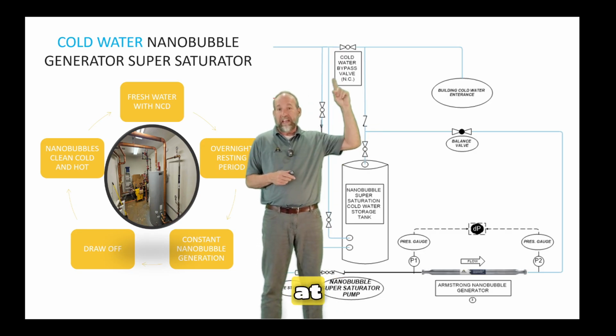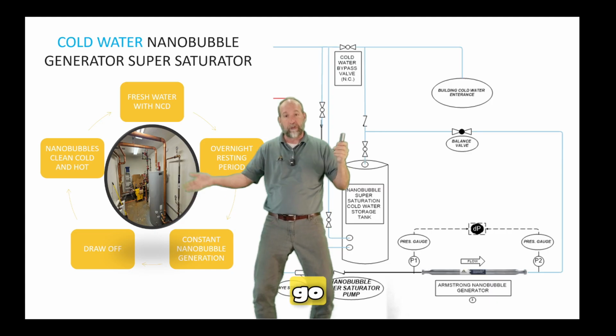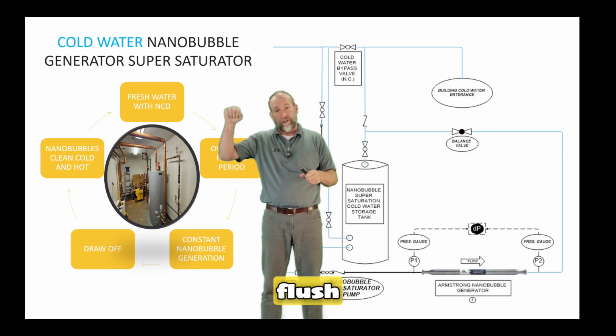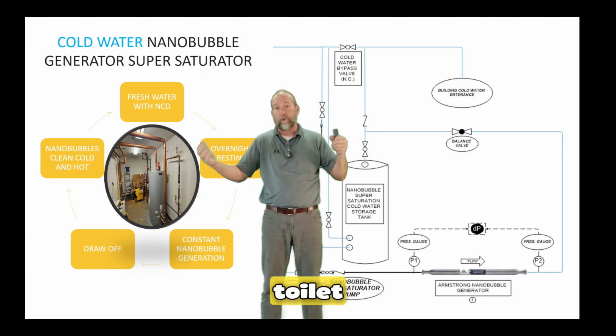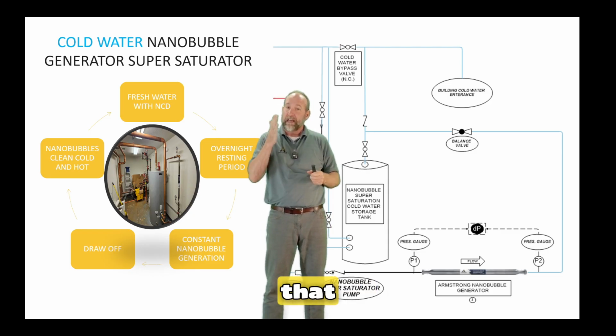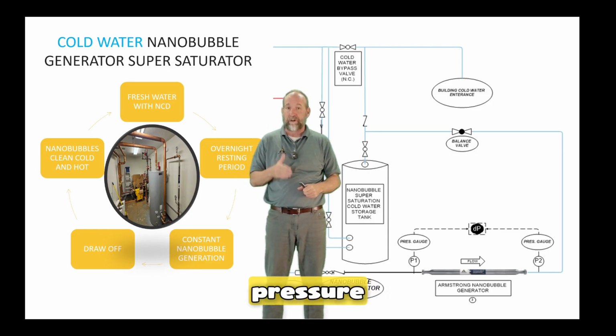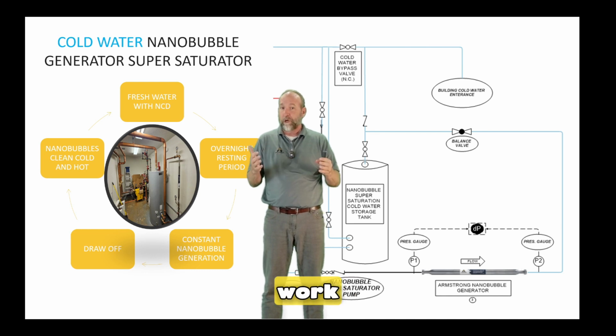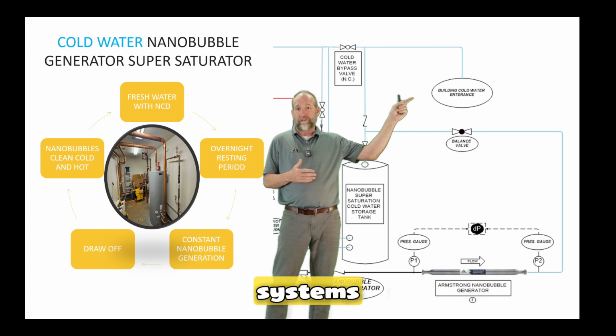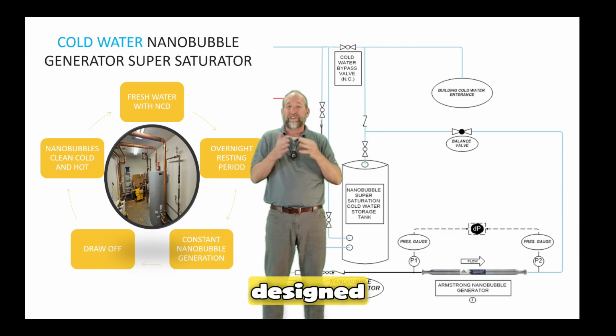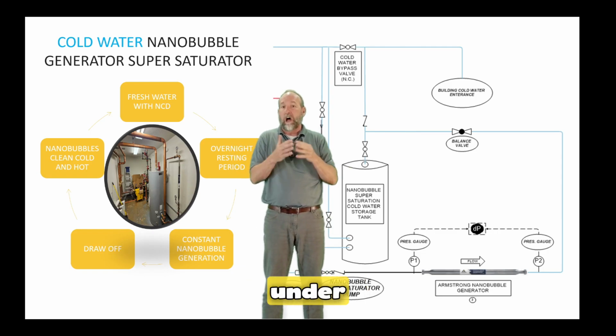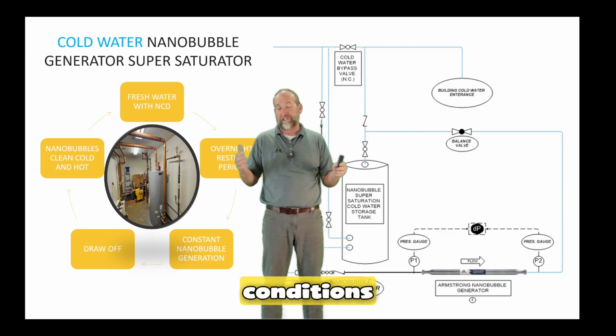Well, it needs to stay at that same pressure because it needs to be able to go up to the higher floors. You know, flush valves, when you push a flush valve on a toilet or on a urinal, it requires a certain amount of pressure when it flushes so that it can work properly. And domestic water systems and the water coming into the building is designed to stay at that pressure under a variety of flow conditions, okay?